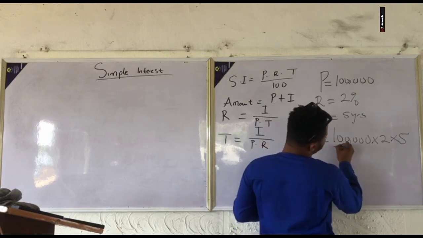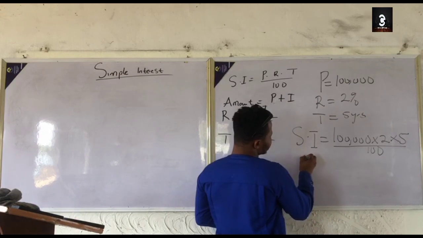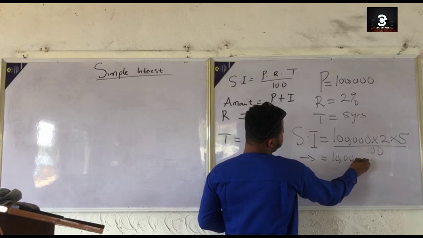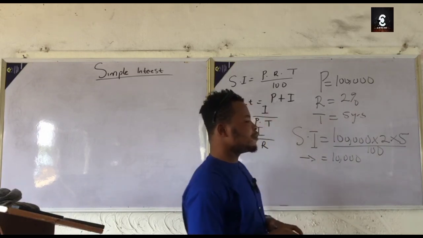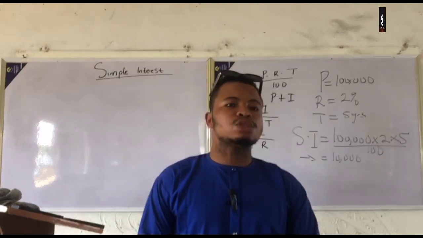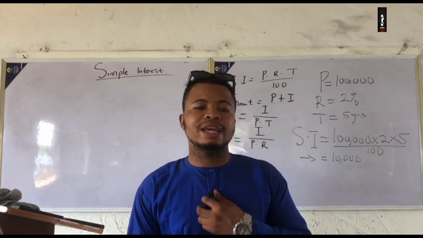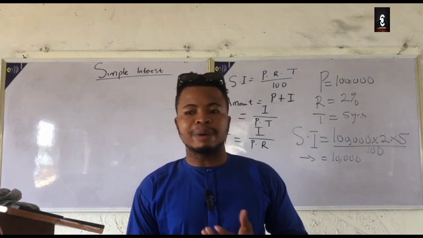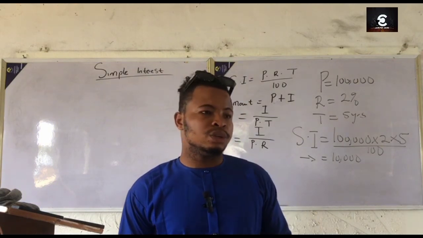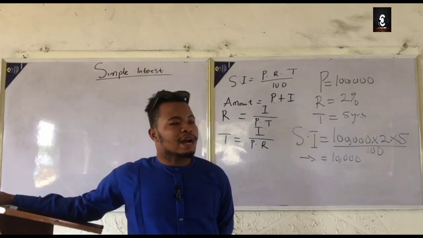So the simple interest is going to be 10,000. Confirm this figure. It means that whoever borrows 100,000 and holds this sum for 5 years at 2% interest is supposed to pay interest of 10,000 at the end. Now, the examiner may ask you to calculate the amount.